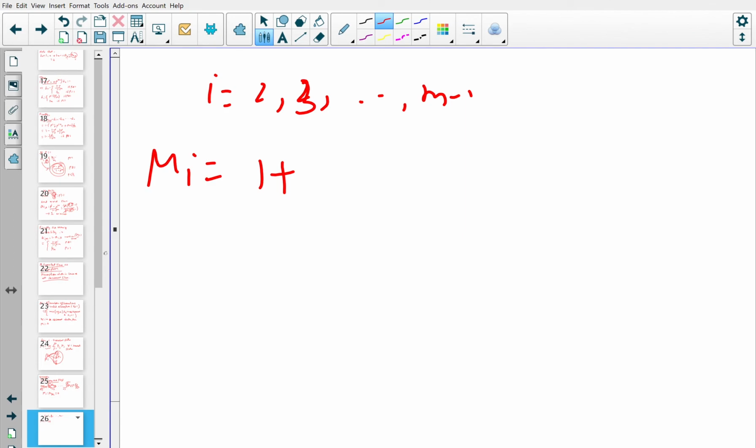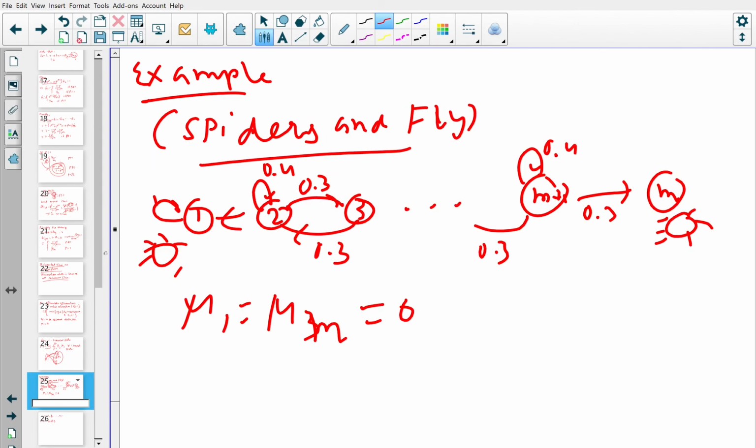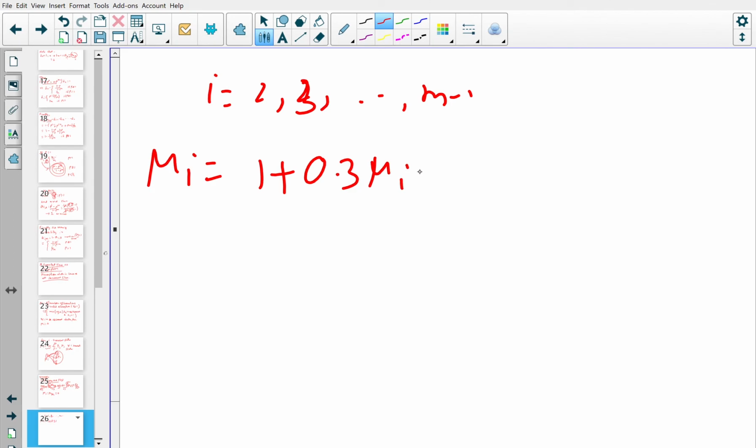When you are in i, you can go to state i minus 1 with probability 0.3, and then you are asking from i minus 1 what is the expected time, and that is nothing but mu i minus 1. Or you can stay with 0.4, or you can go to i plus 1 with probability 0.3, right? This is the formula. Clear?